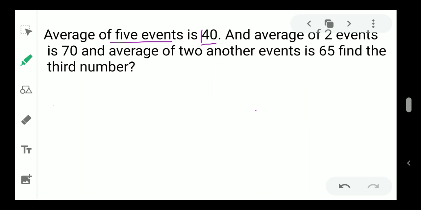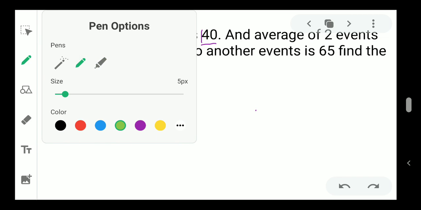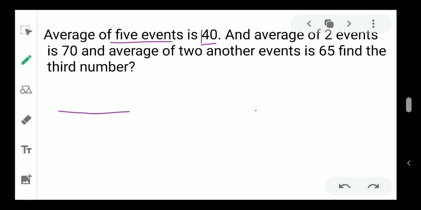See, in the same way as the last one, the average of 5 events, oh my god, this is not clear, so I will write it. Okay, so the average of 5 events is 140. So there are 5 events. I think it can be a run, it can be a race.